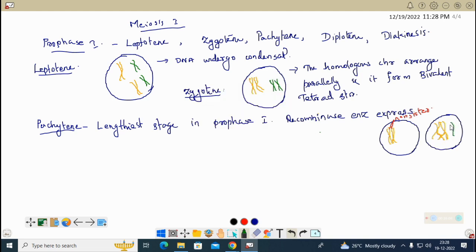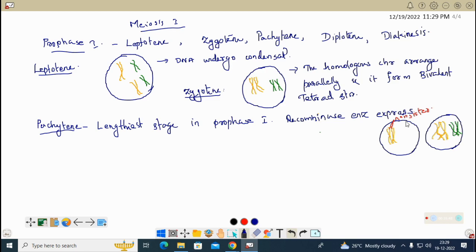Now the next one I'll show you. This is the other chromatin thread, or the second chromosome. This also will produce the recombination nodule. I'm rubbing this area to show it. When it is there, it will be making a bulge like this. You see, there is a bulging formed, because of the recombinase enzyme. The same way it can occur here also. It can occur anywhere between the non-sister chromatids of homologous chromosomes.